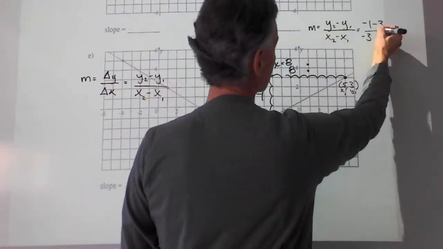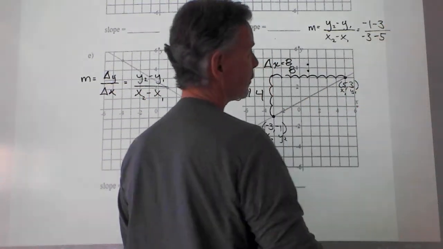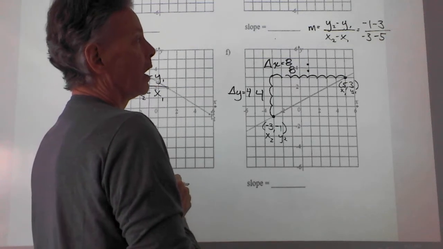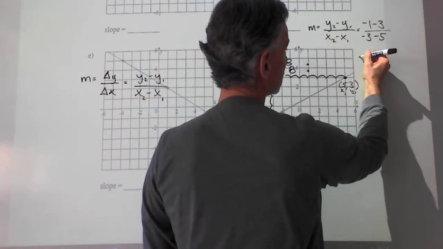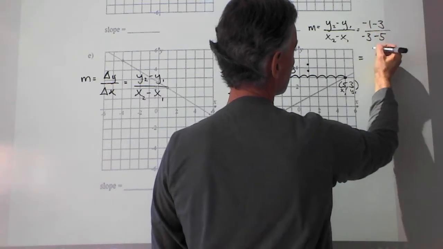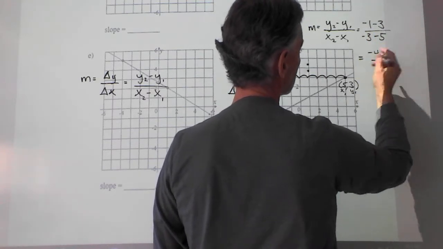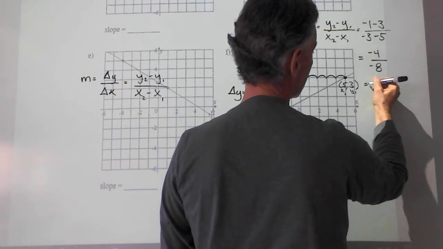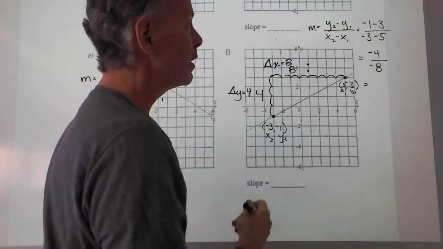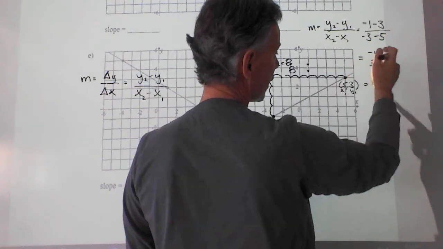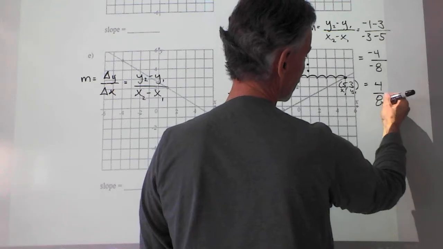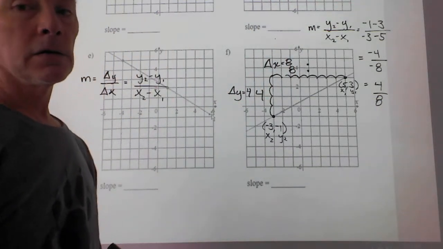Our x1 is 5, so we're going to plug in 5. Okay? Simplify. Negative 1 minus 3 is negative 4. Negative 3 minus 5 is negative 8. And as we discovered just a little bit earlier, if you have a negative divided by a negative, they will cancel, leaving you with a positive answer of 4 over 8.